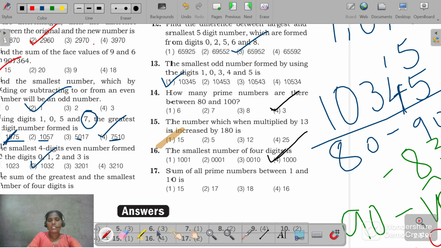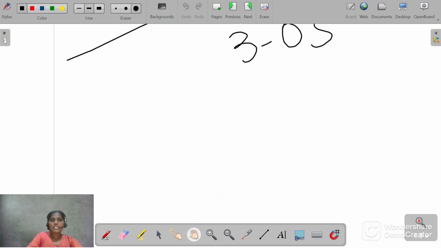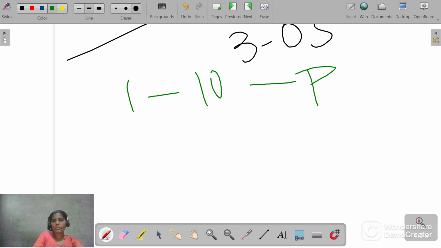Okay, the sum of all prime numbers between 1 and 10. So we have to find the sum of all the prime numbers between 1 to 10. So for the numbers 1 to 10, all the prime numbers, we have to note them down.